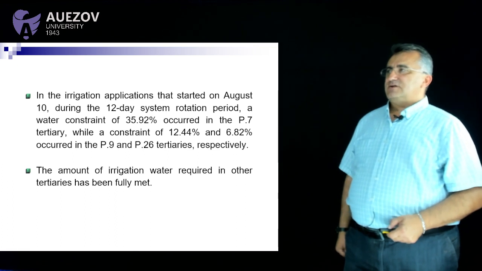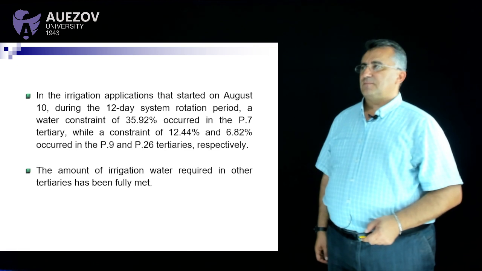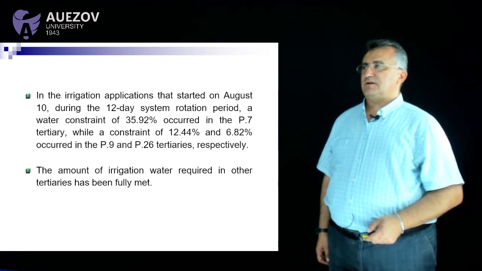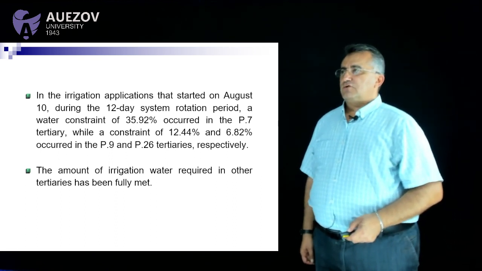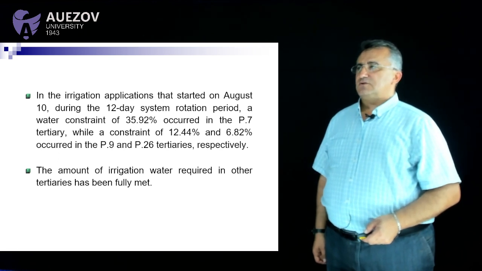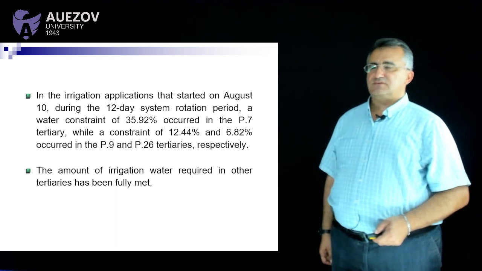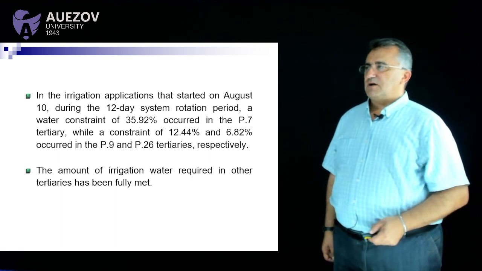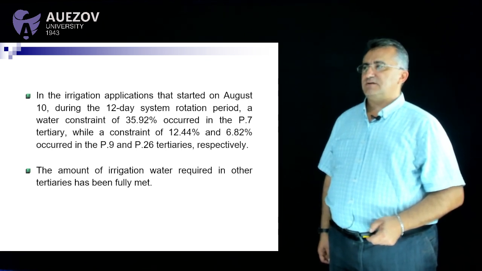In the irrigation applications that started on August 10 during the 12-day system rotation period, a water constraint of 35.92% occurred in the P7 tertiary, while a constraint of 12.44% and 6.82% occurred in the P9 and P26 tertiaries, respectively. The amount of irrigation water required in other tertiaries has been fully met.